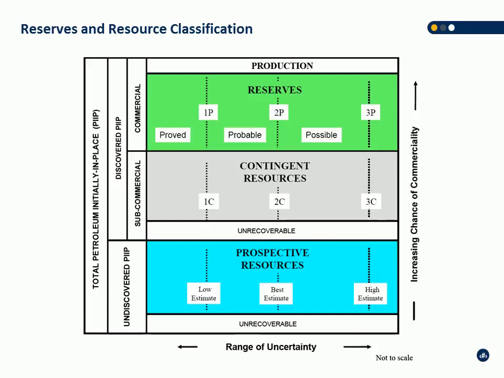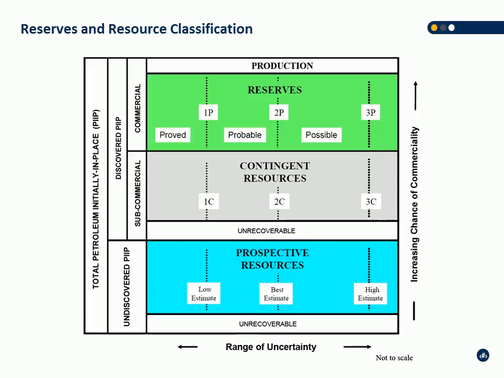So say you've got a giant bucket that's undiscovered, and you've got a low estimate, a best estimate, and a high estimate that you pull together. As soon as you put a well into that accumulation and it becomes discovered, the volume should not change as it moves from prospective to contingent.